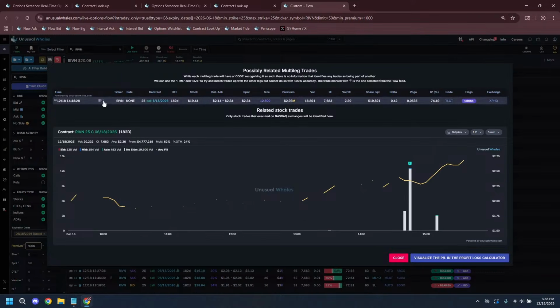And on top of that, there's an unknown quantity of equities being traded. It could be someone buying. How many shares would that be? 12,500 times 100, so 1,250,000 shares potentially, along with shorting the calls. Who knows?